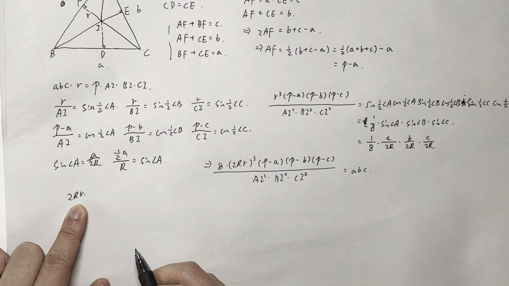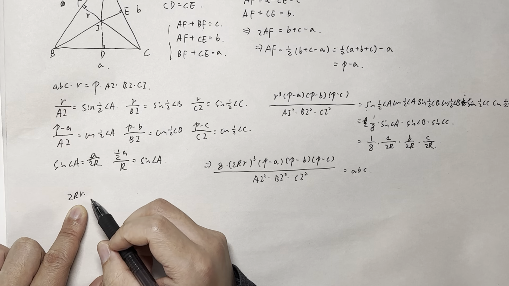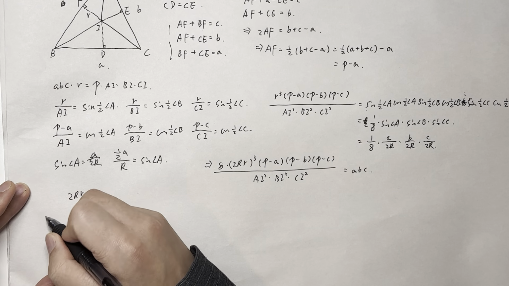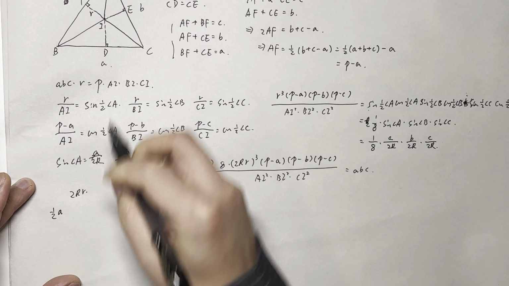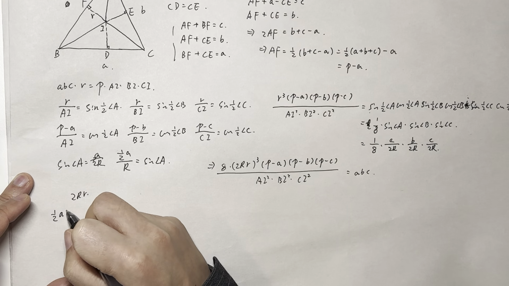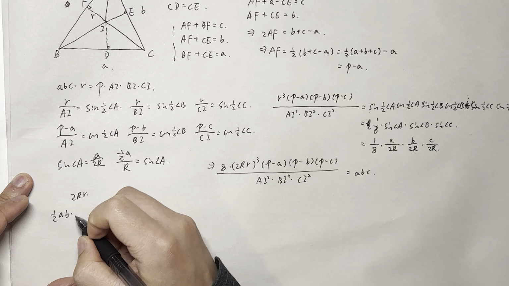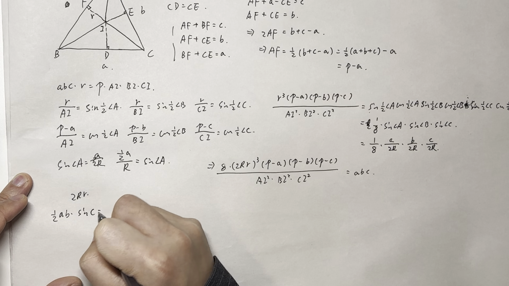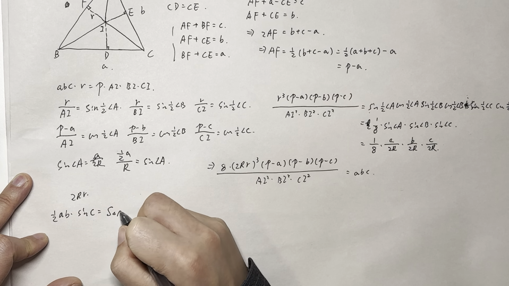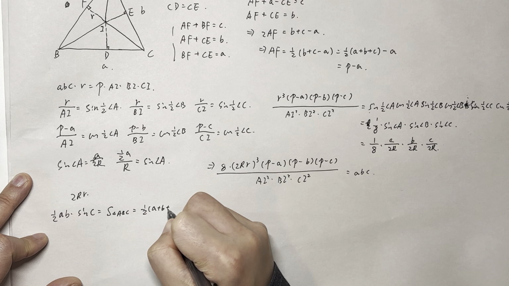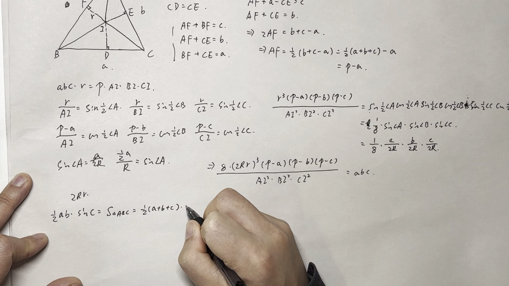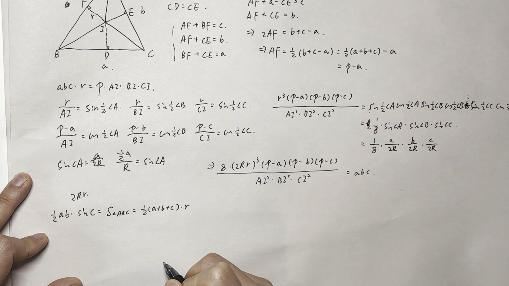what is that? We actually calculated this before, right? Because let me just recalculate it. Look at this triangle, half of AB sine C equals the area of triangle ABC, which equals half of A plus B plus C times r, right?